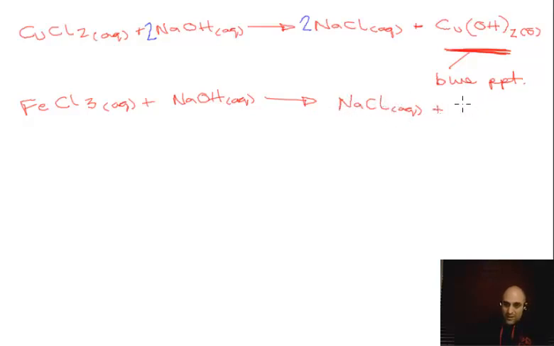Right, iron 3 hydroxide. Now the hydroxide ion is OH-. The iron is Fe3+. To work out the formula, I say Fe, OH. This 3 goes over here. Now I can't leave that here. I have to stick brackets around it, otherwise it will look like I have 3 hydrogens.